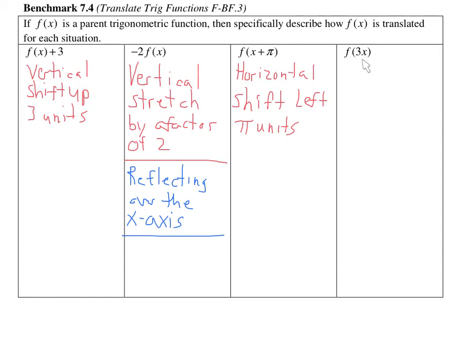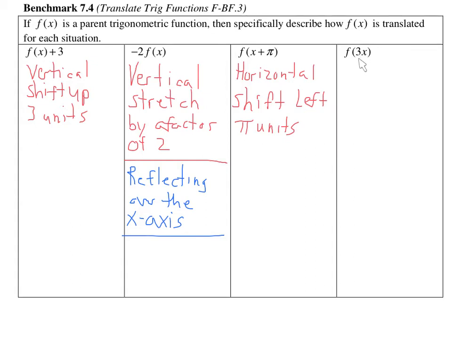Now, this last one is unique to trig. We never talked about this with our other functions because we waited for this chapter. It just fits well to finally bring it up because it kind of complicates things. So this is a new one. When you multiply the inside by 3, it's kind of like saying sine 3x or cosine 3x, and that deals with a horizontal shrink or stretch.